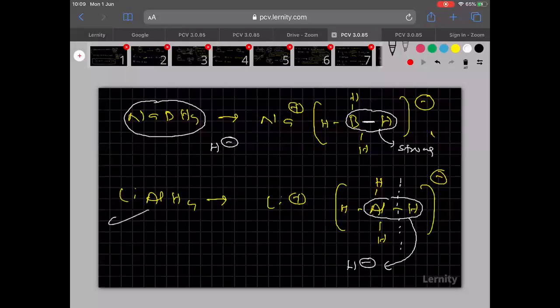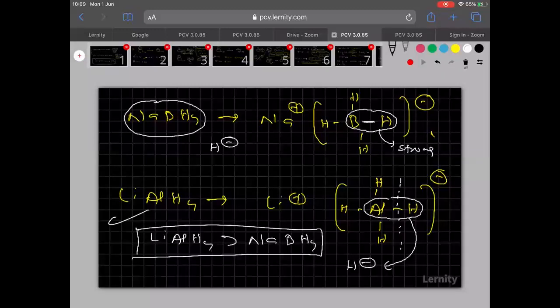But the boron-hydrogen bond is strong, so it cannot give hydride as easily as lithium aluminum hydride does. Therefore, lithium aluminum hydride is a strong reducing agent when compared to sodium borohydride. I hope you are able to understand this one.